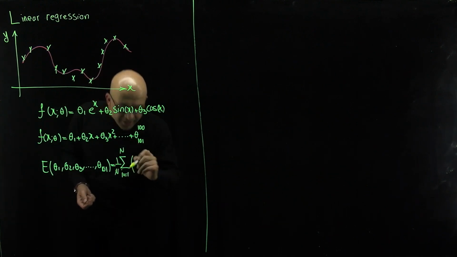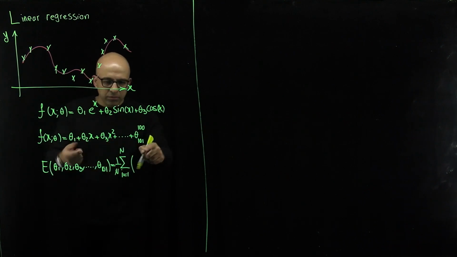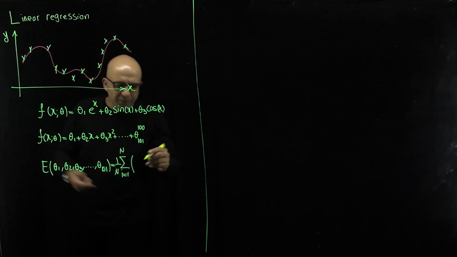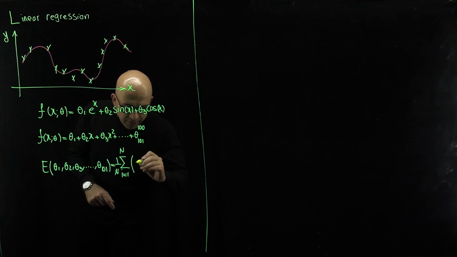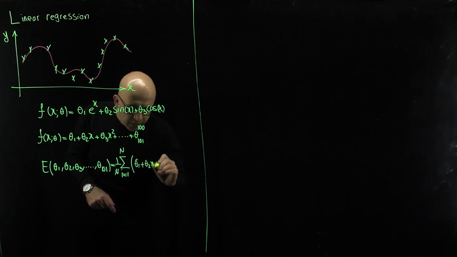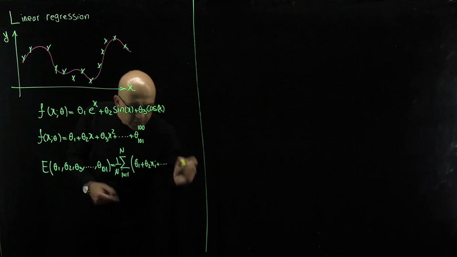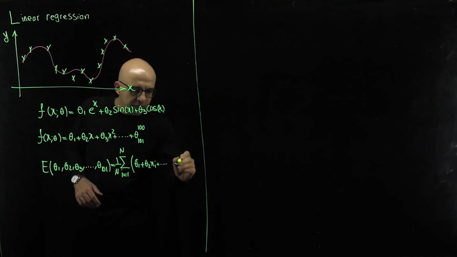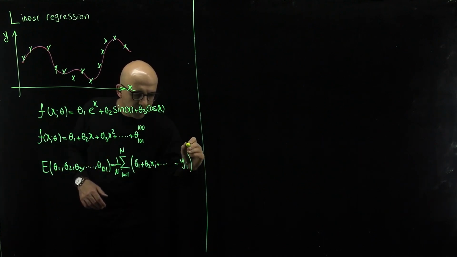But now, for f of x and theta, we have to plug in this huge expansion. So I have to have theta 1 plus theta 2 xi plus, you can see it becomes long, and then minus yi to the power of 2.